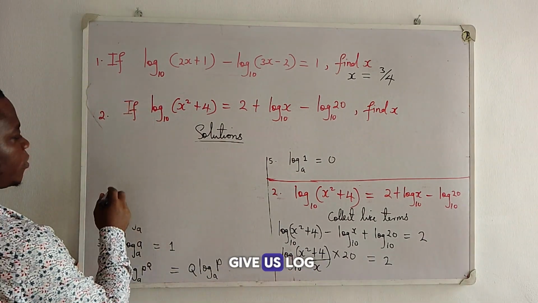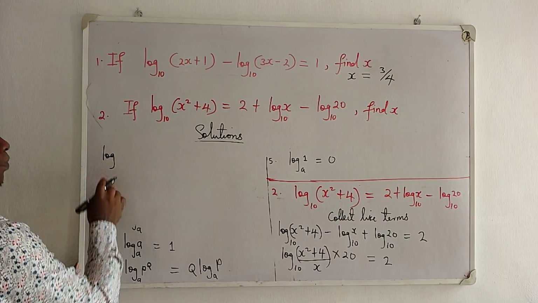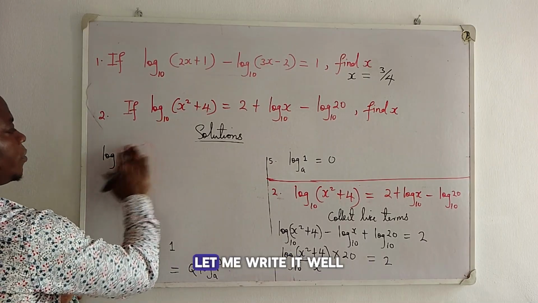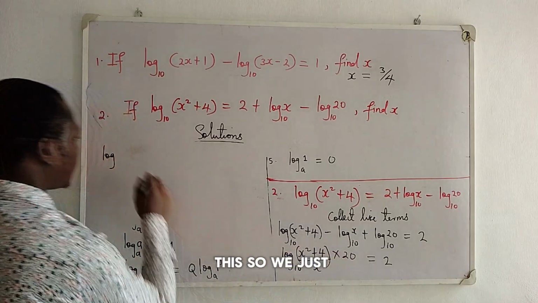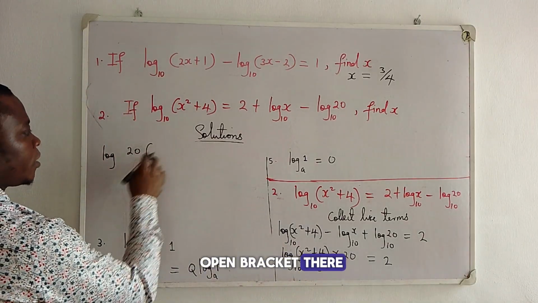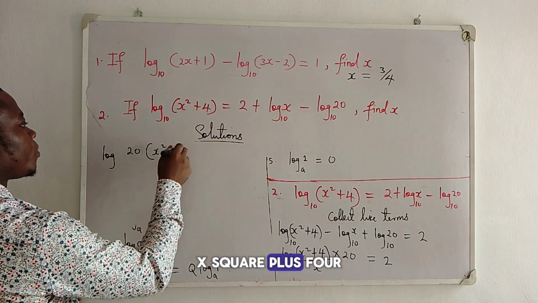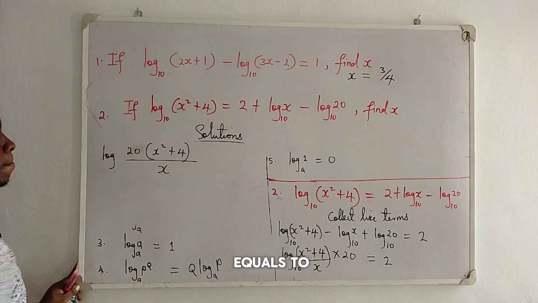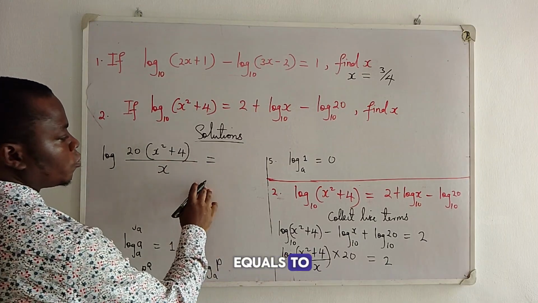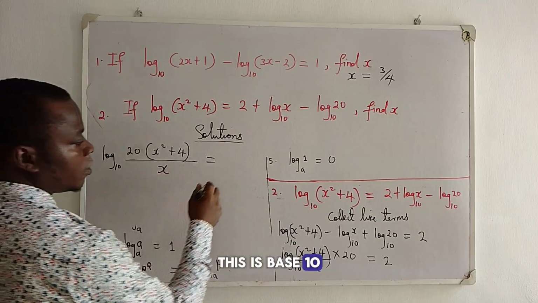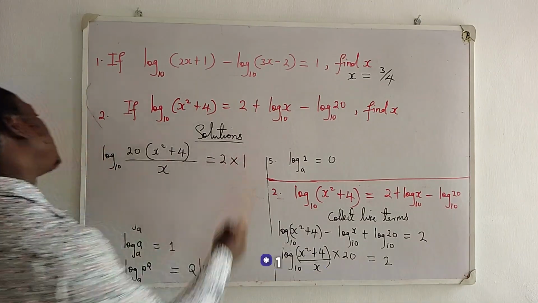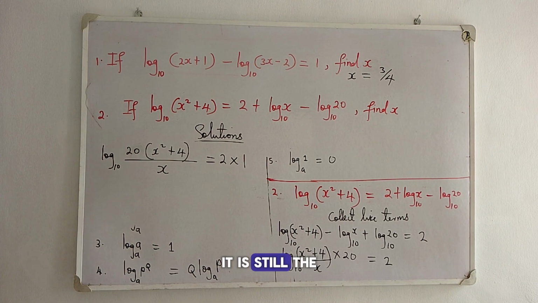So that will give us log of 20 times this, so we just open brackets there: x squared plus 4 all over x equals 2. This is base 10. If you write 2 times 1, it is still the same thing.